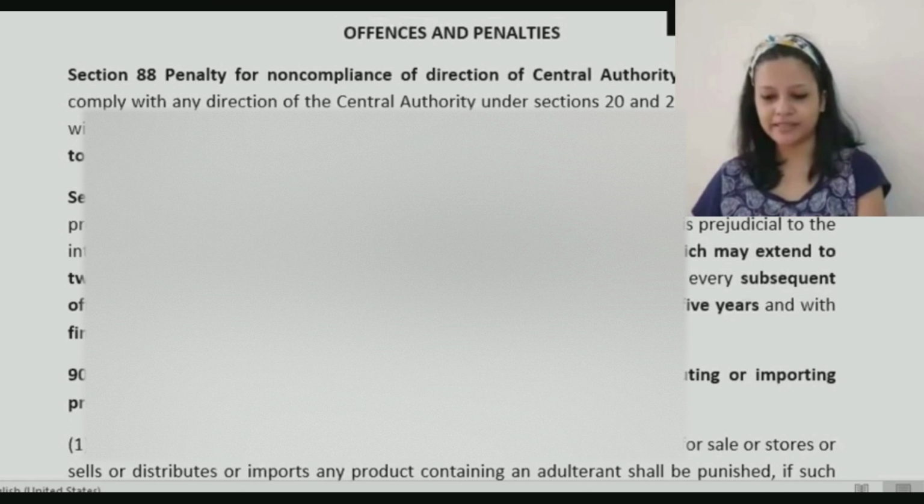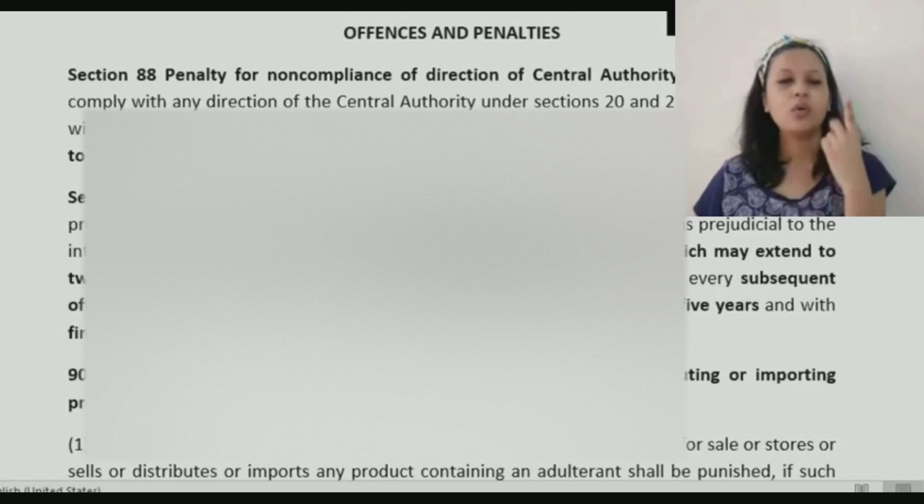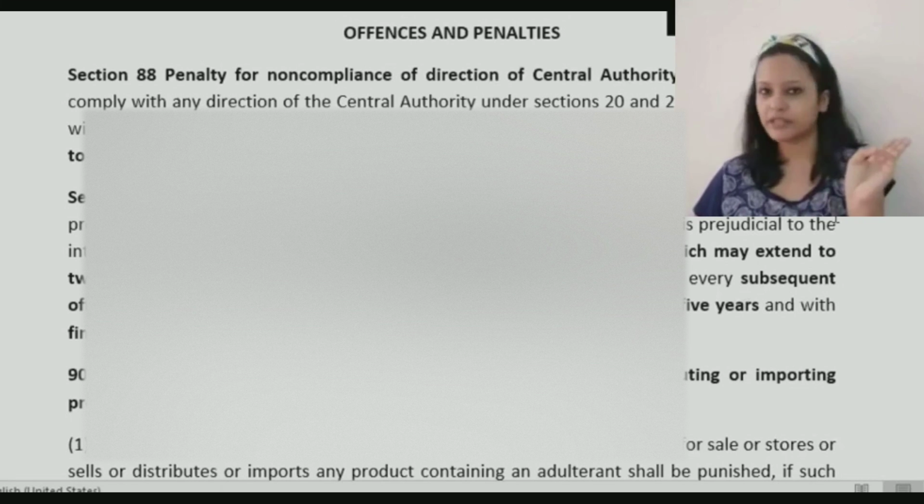I'll give you an example of that. See here, what they have mentioned: imprisonment for a term which may extend to 6 months, or, right, 'or' is being used, with fine which may extend to this. That means it depends on the court whether they want to impose only fine, only imprisonment, or both. Court is free to decide when we get this word 'or'.